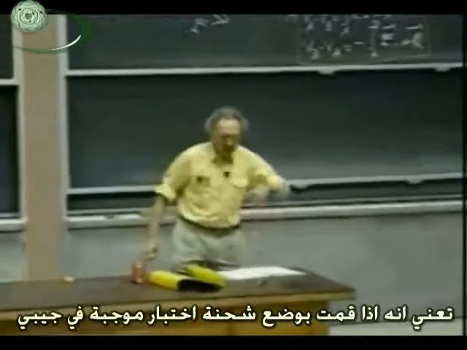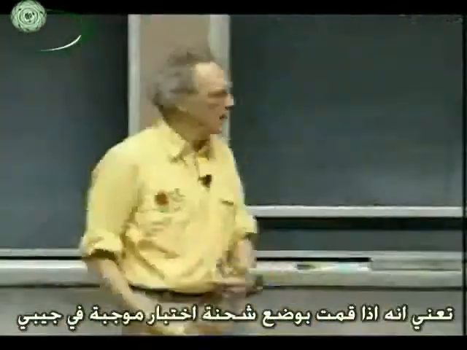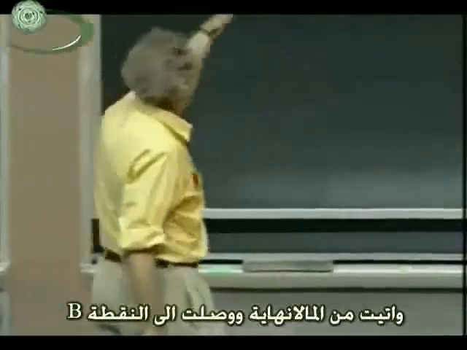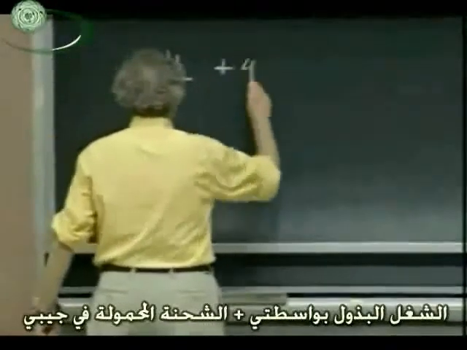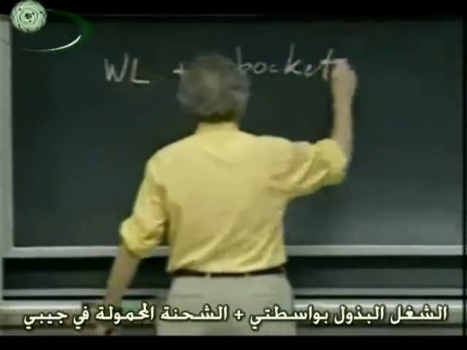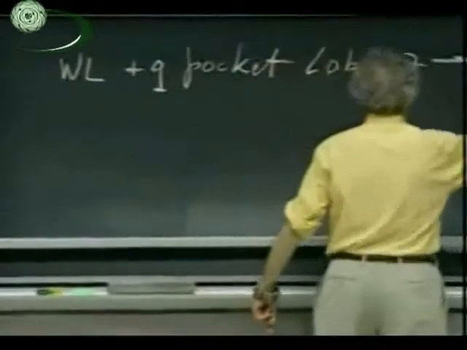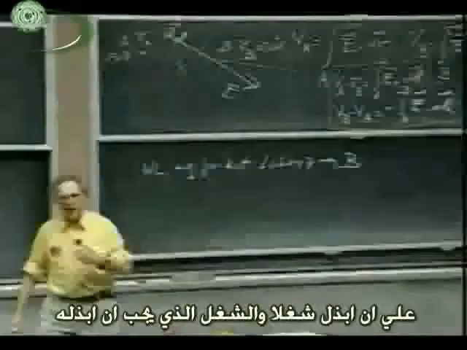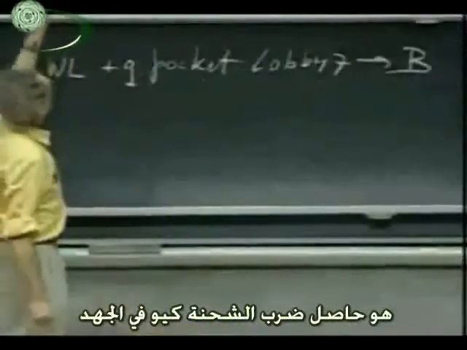It means that if I put plus Q charge in my pocket, and I come all the way from lobby 7, and I walk up to point B, so Walter Lewin, plus Q charge in his pocket, goes from lobby 7 to point B, I have to do work, and the work I have to do is the product of my charge Q with the potential.